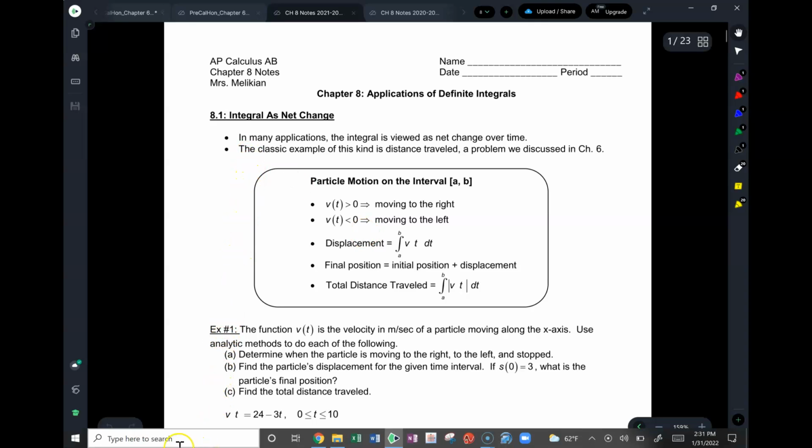Then suppose to that liter you keep adding 5 milliliters per second. After 10 seconds, how much have you added? 50 milliliters, right?